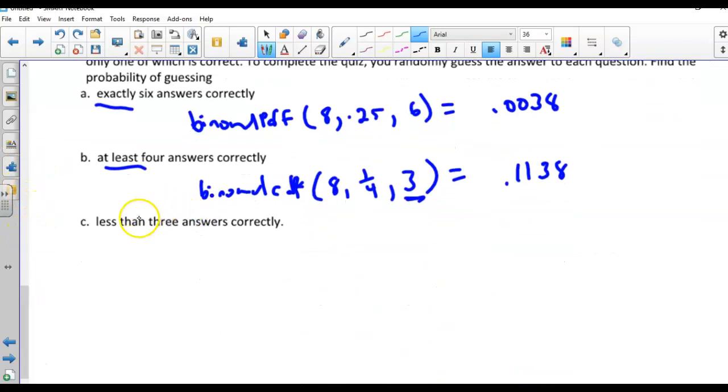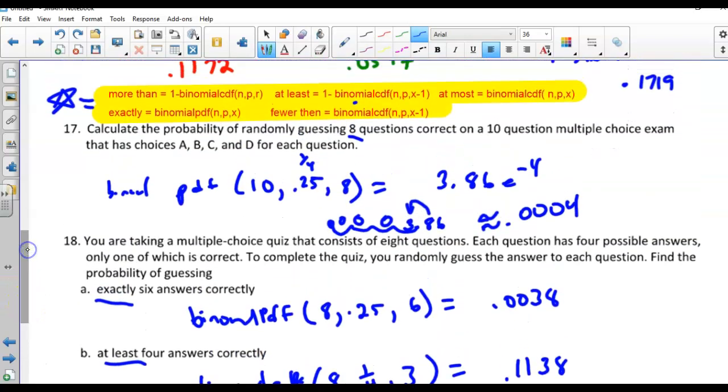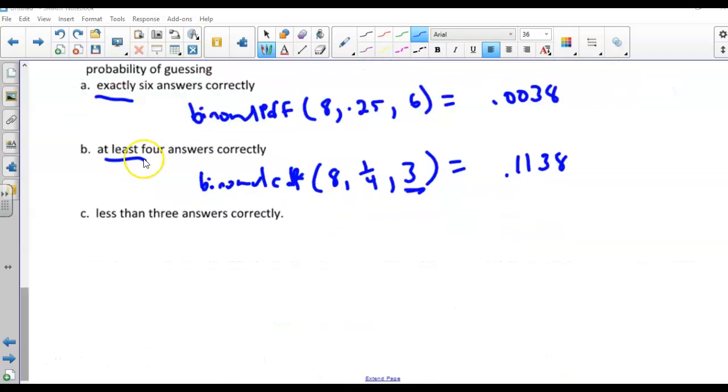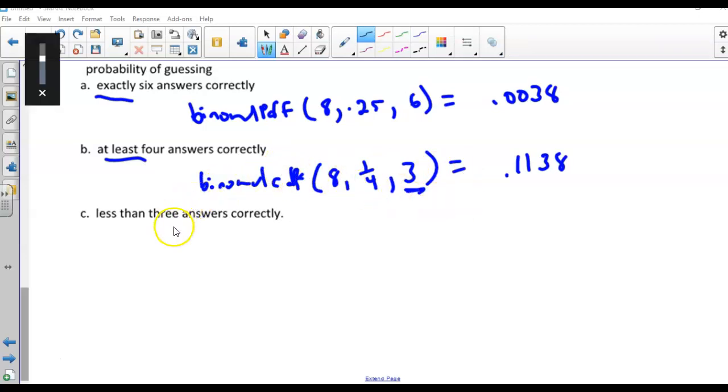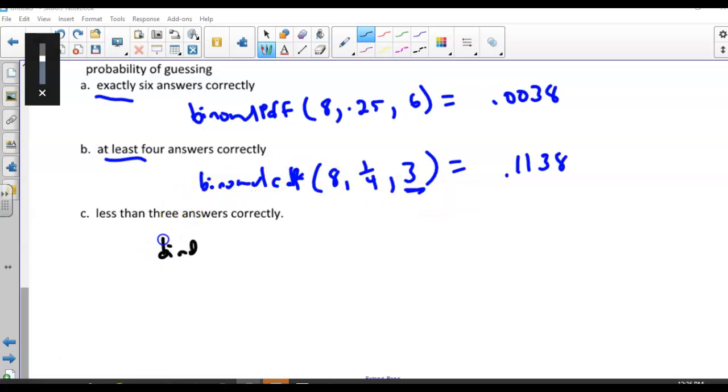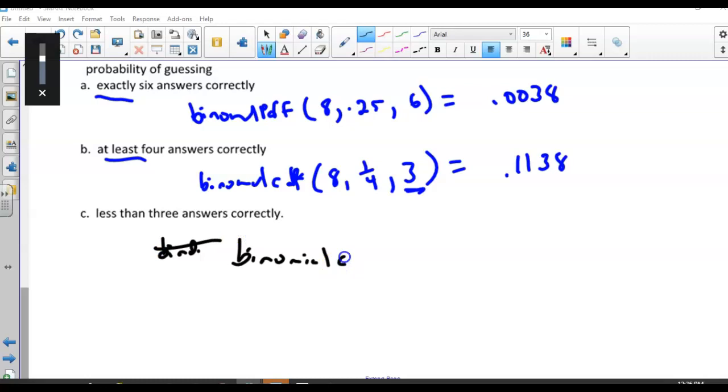Less than 3 possible answers. Less than or fewer than, okay, right here. What we're going to do is binomial CDF of 8 trials, 1/4, or you can say 0.25, and 2.